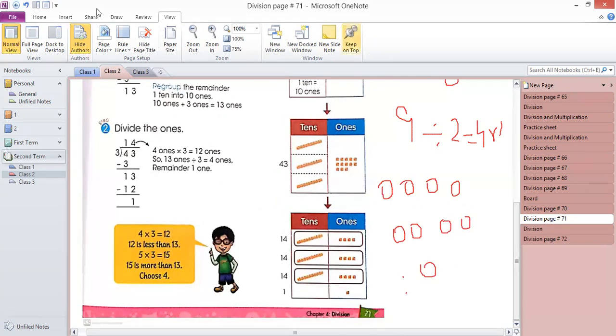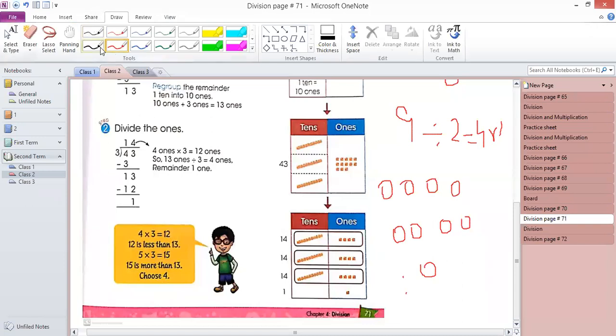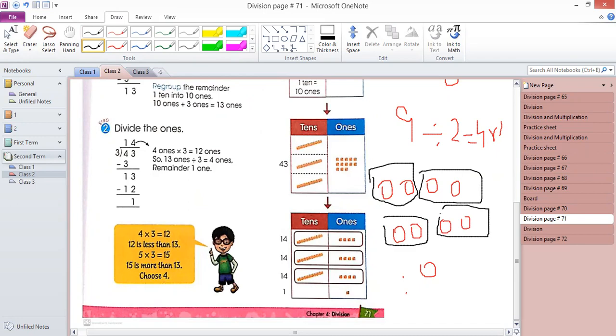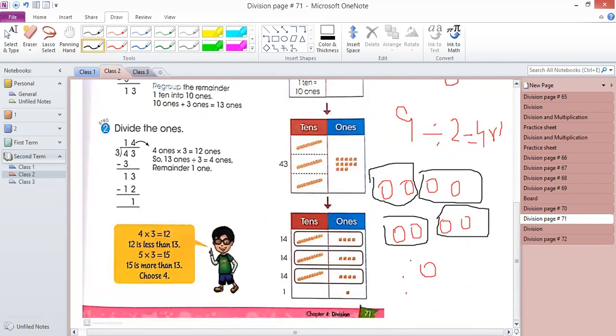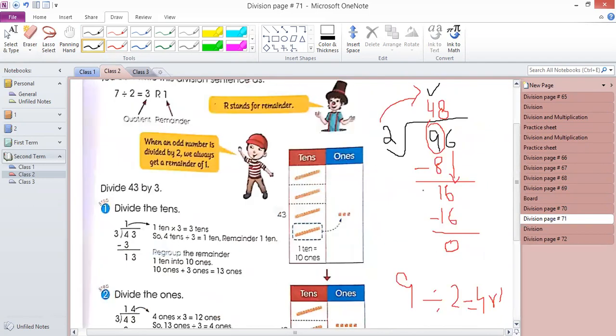You want to divide into groups of 2. So 1, 2, 3, 4. Look, you can make only 4 groups of 2. And there will be 1 ball left, which is that.